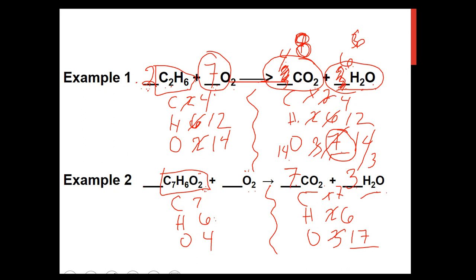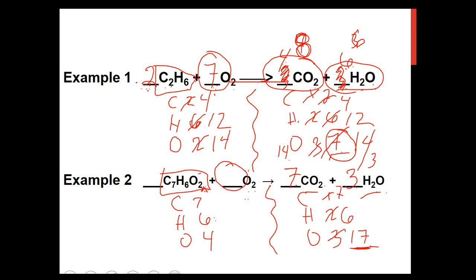You have to take that into account, because if you don't, you're going to end up with too many oxygens on the left. So before you place a number here, you have to subtract however many oxygens there are right here from this number. So 17 minus 2 is 15.